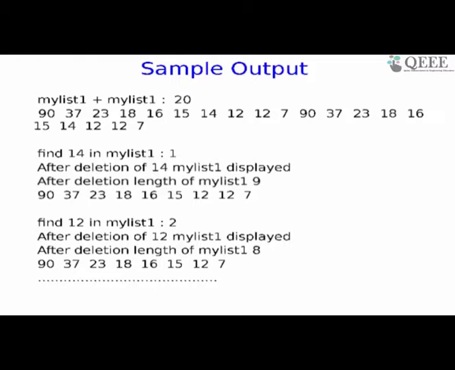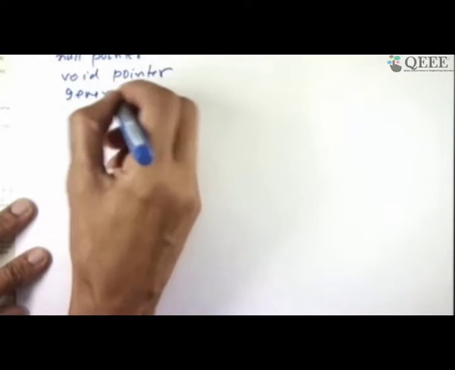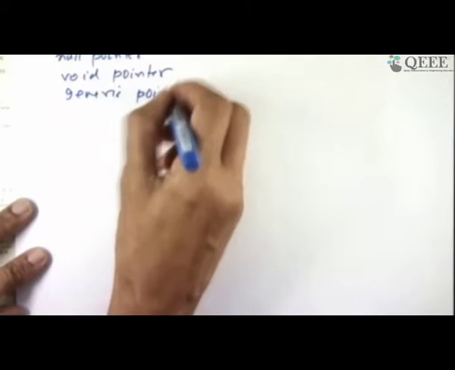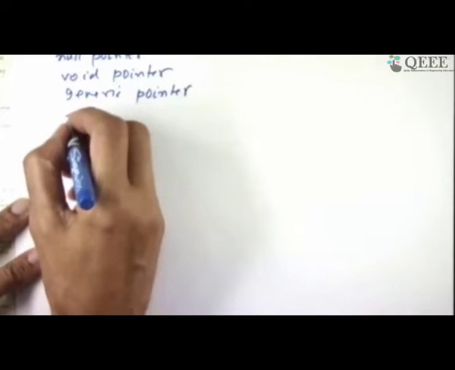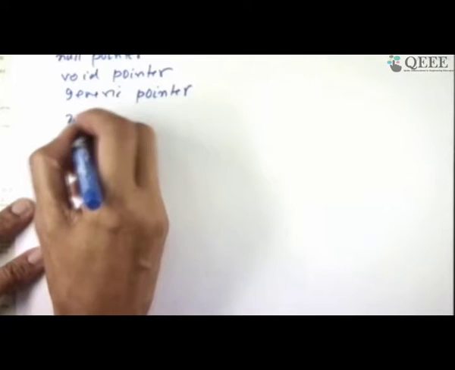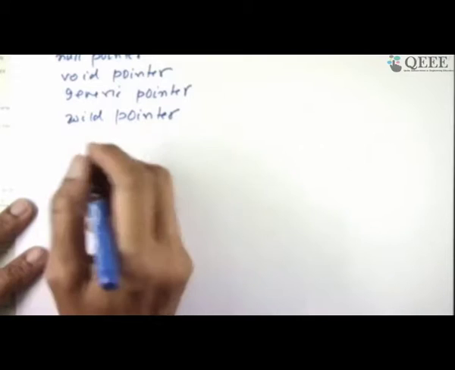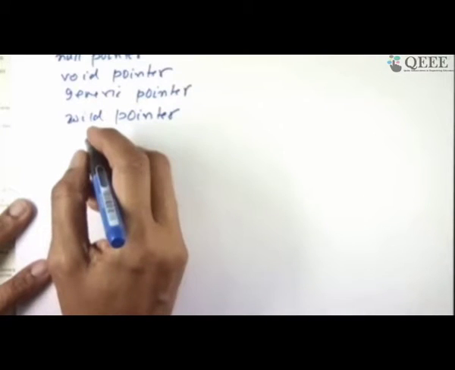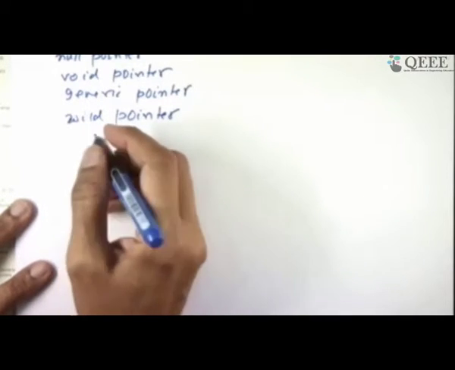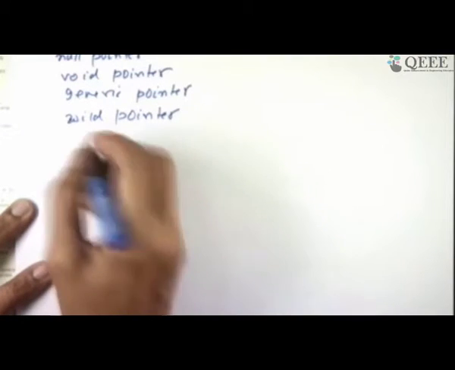I'll use my paper. The things we are looking at, I'm going to put all of them together: void pointer, generic pointer, which I've shortly explained, wild pointer, and some people have also used huge and far pointer, which I refused to answer last time.